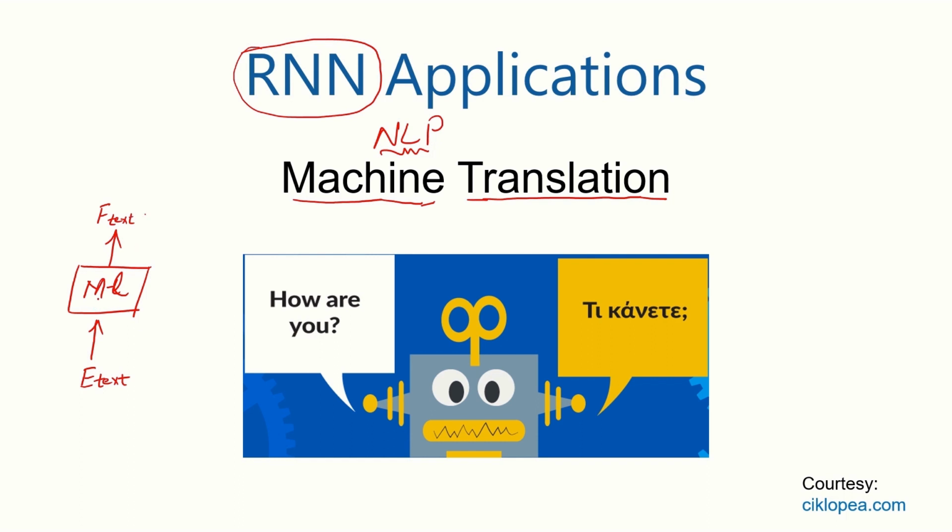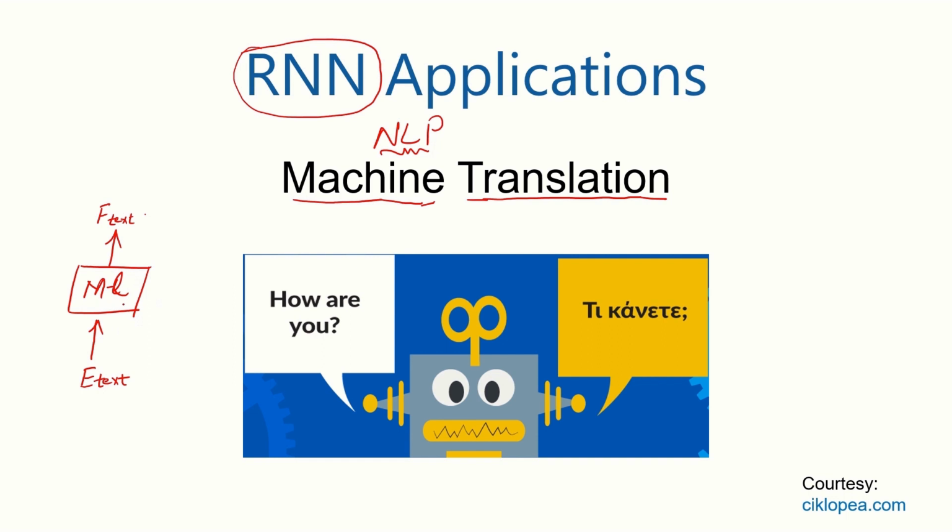The model should convert any piece of text from one language to another. Here I have taken the example of English to French, but it can be English to German, or German to English, or any language to any language. So that's the goal of machine translation.